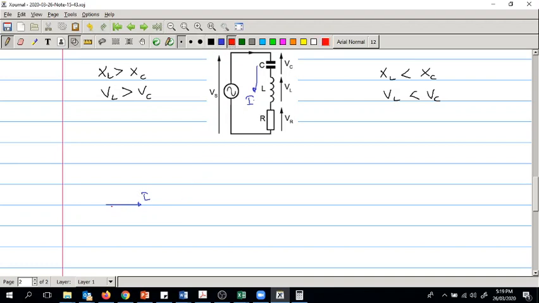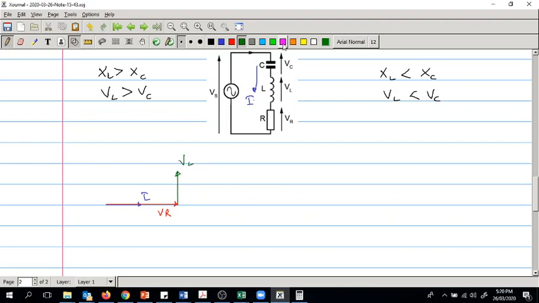Let's draw this VR. Then VL goes upwards because VL is leading to the current. Current is this, so VL is leading. So VL goes upwards. I'm going to draw it in different colors now.